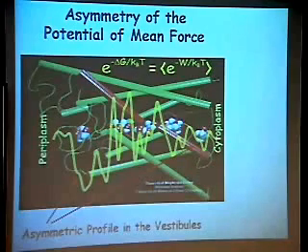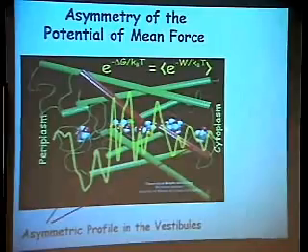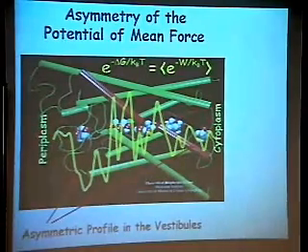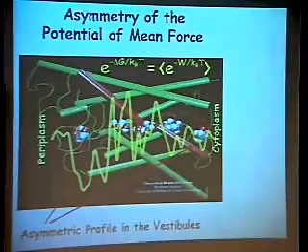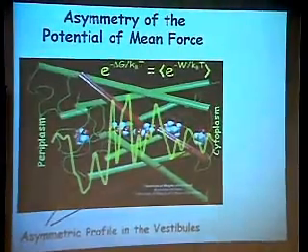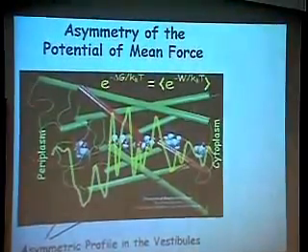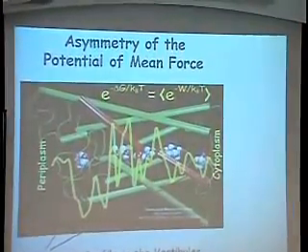And this channel is supposed to function as a passive channel. There shouldn't be any difference between motion of glycerol from one side, from cytoplasm to periplasm, or in the opposite direction. But this is a very interesting feature, and the hand-waving argument might be related to the physiological function of the channel. This is a passive channel.